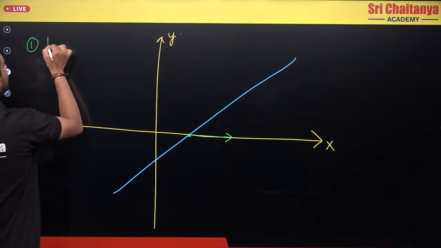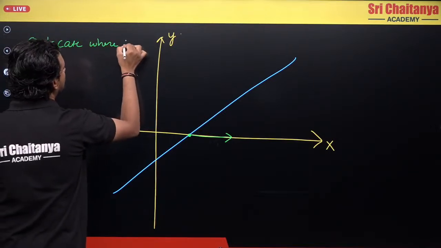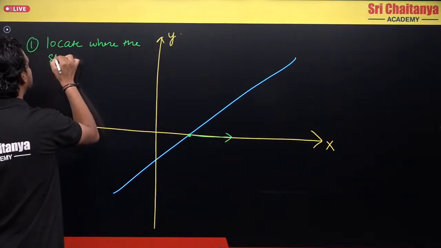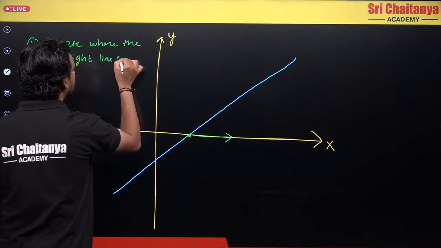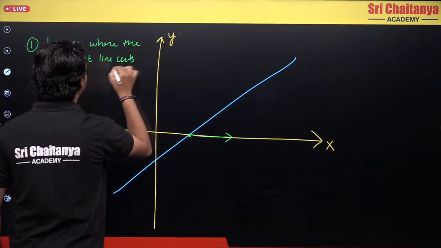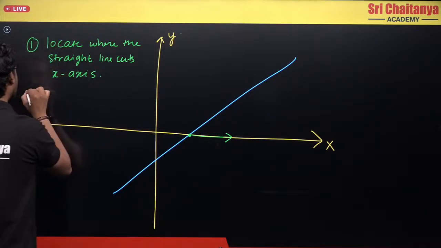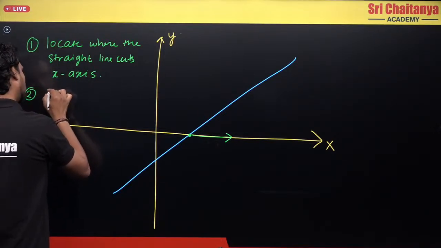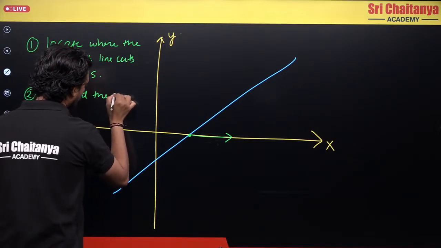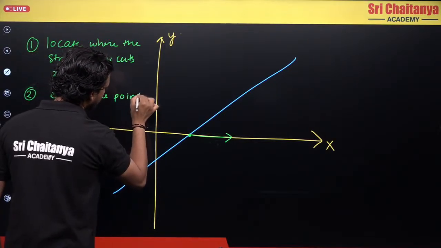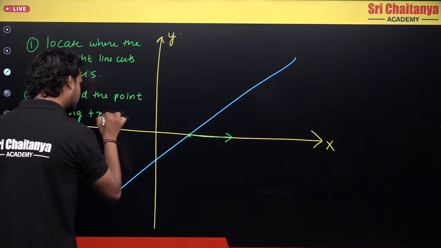First, locate where the straight line cuts the x-axis. What is the second step? Extend the point P along the positive x-axis.